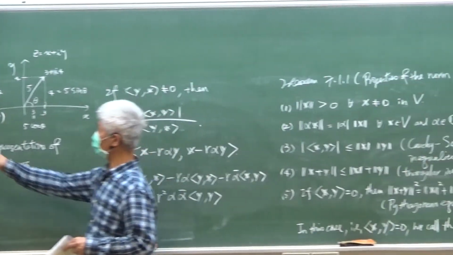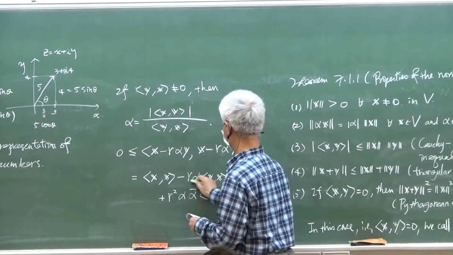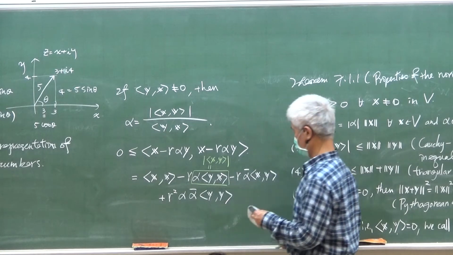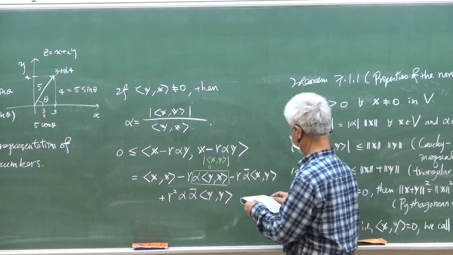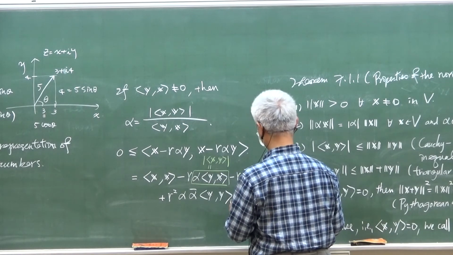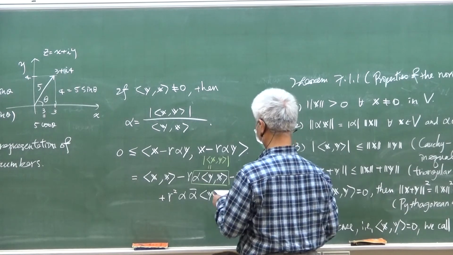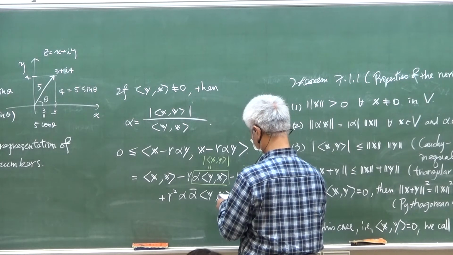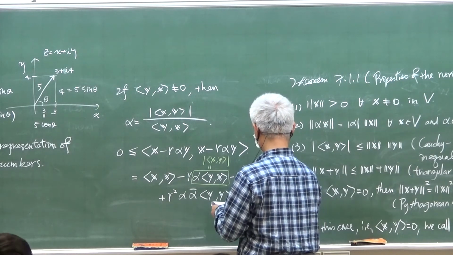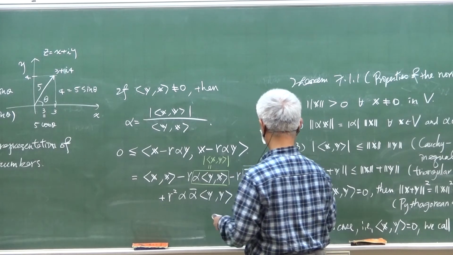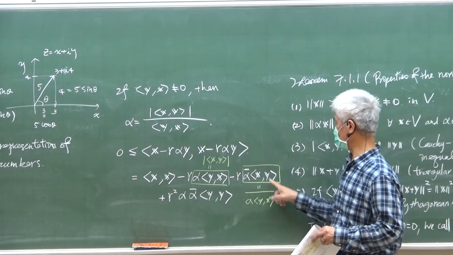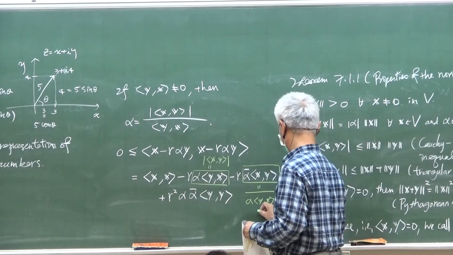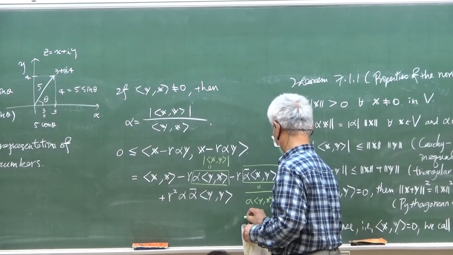Now, by our selection of alpha, this is equal to the absolute value of the inner product, and this one is also equal to it, because we put a bar of alpha here, and if we change the order of x and y, we get it here.